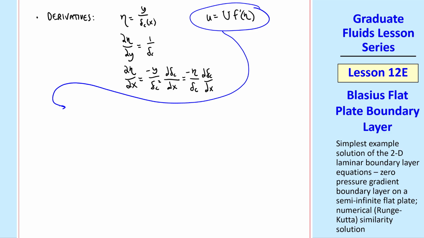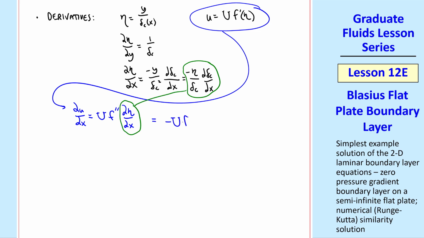For the u derivatives, del u del x is capital U f double prime of eta. Again, I'm not going to include the parentheses eta in these equations, but we need a del eta del x by the chain rule. Well, we know del eta del x from here, so this becomes negative capital U f double prime eta over delta c d delta c dx. Del u del y is easier.